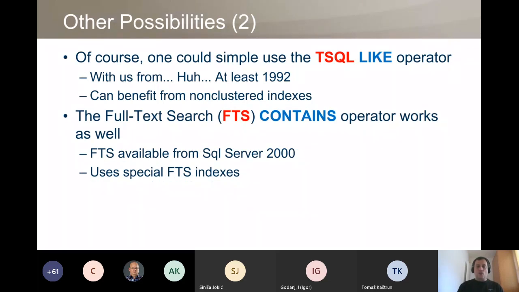And full text search brings you the CONTAINS predicate in the WHERE clause, which works similarly to the contains function in XQuery. It can also search for some simple patterns, and it uses special full text search indexing. So time to go to Transact-SQL, not C# code, right?